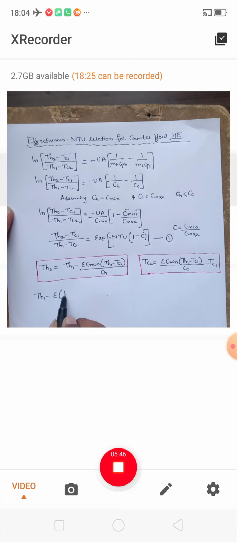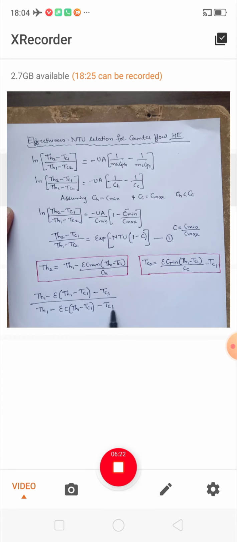So my final expression will be TH1 minus epsilon into (TH1 minus TC1), minus TC1, divided by TH1 as it is minus TC2, where TC2 is given by epsilon into C minimum divided by CC, which is C maximum. So C minimum divided by C maximum is C, the capacity ratio, into (TH1 minus TC1), plus TC1.